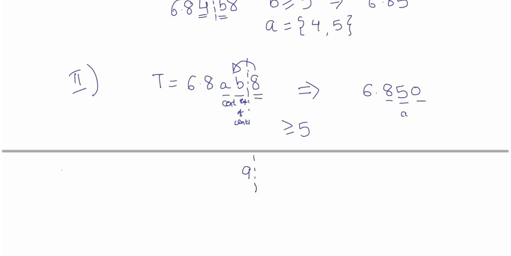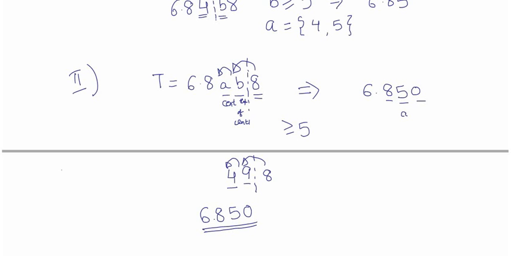Since the next digit is 8, if I approximate I add 1, so it becomes 0, and 1 gets transferred to A, so A has to be 4. Because if A is 4, this 9 on approximation becomes 0 as I add 1 unit, and 1 carryover goes over here, and this becomes 5. So this becomes 6.850, which is the required answer.